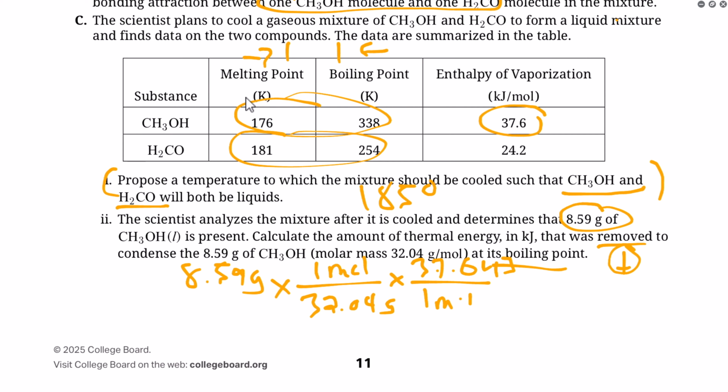So I end up with 10.1 kilojoules being removed. I always like to include that word there because that implies we're taking it out in order to condense it at its boiling point. So we're going from a gas to a liquid. We're taking out that amount of kilojoules of energy.